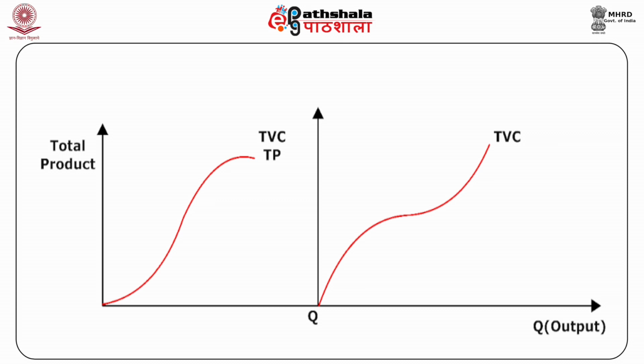When total product starts to increase at a decreasing rate, then total variable cost starts to increase at an increasing rate. So in between there is some point of inflection where the total product switches from increasing at an increasing rate to increasing at a decreasing rate.